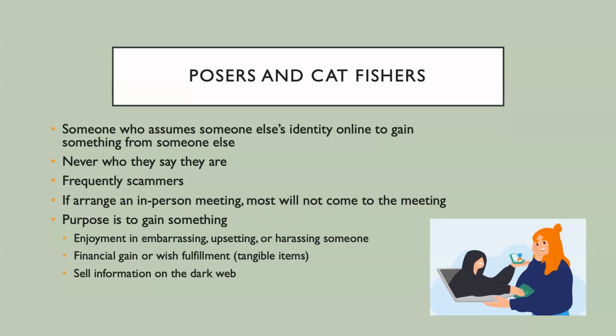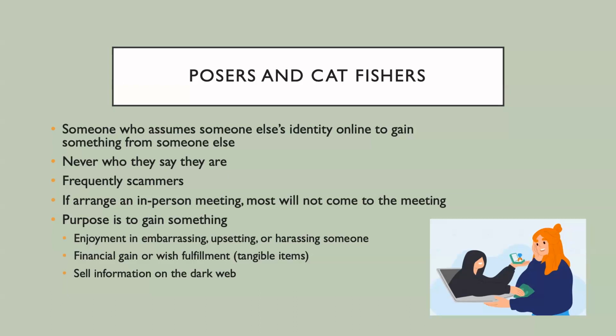You show up and they're not there, or they aren't who they say they are. They try to take personal information. They might use it to commit fraud, sell it online, or even just gain items for themselves. We want your credit card information. I'm going to go buy myself a big old pair of skis to go skiing this winter, something like that.